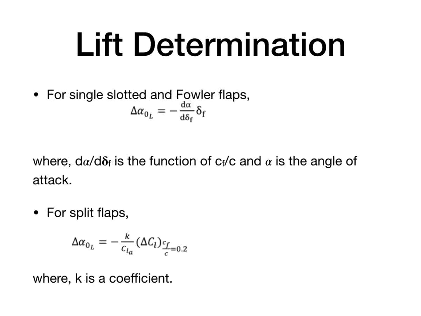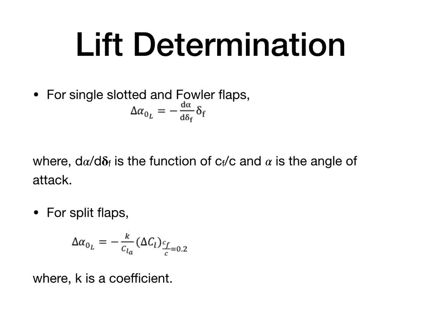For single slotted and Fowler flaps, delta alpha naught L is equal to minus d alpha/d delta f times delta f, where d alpha/d delta f is a function of the ratio of flap chord to wing chord, and alpha is the angle of attack.